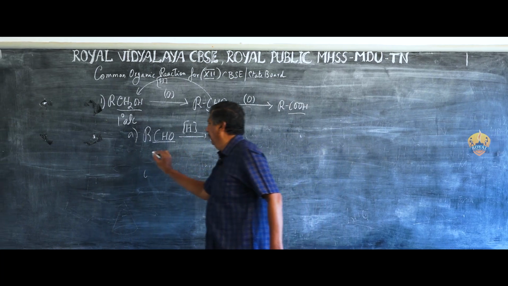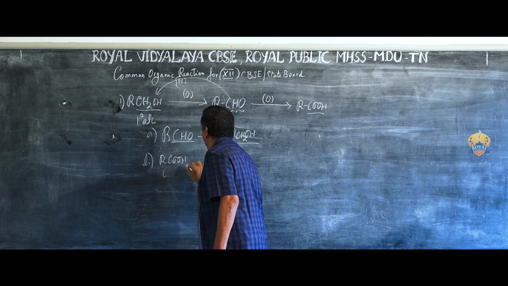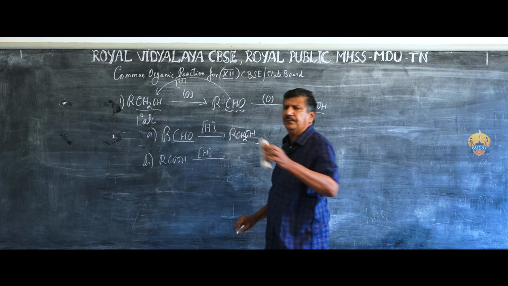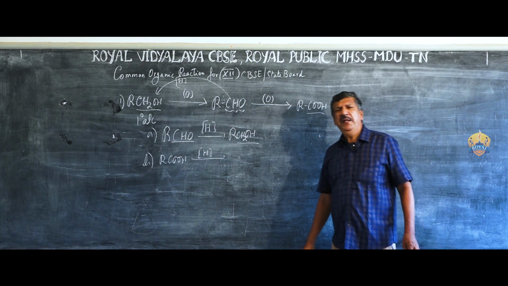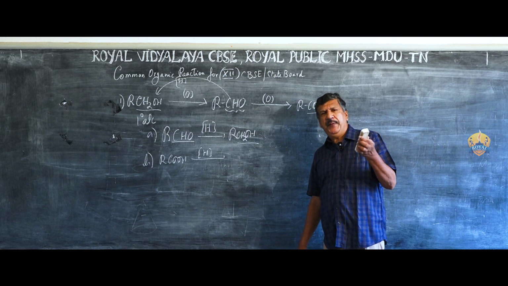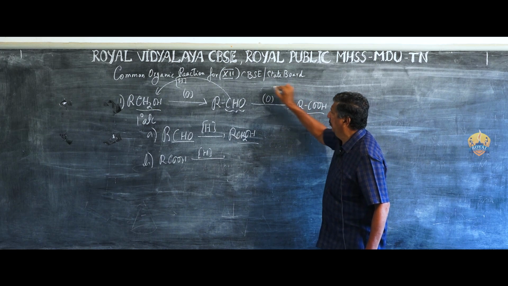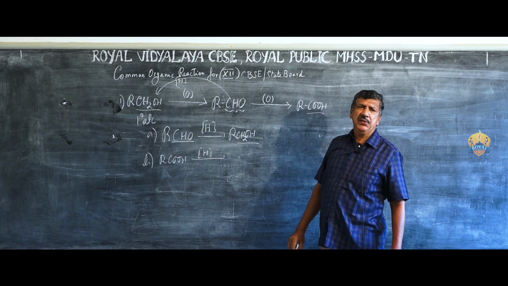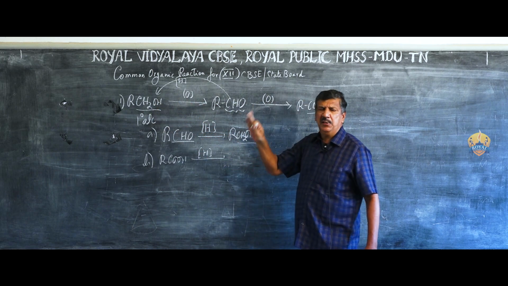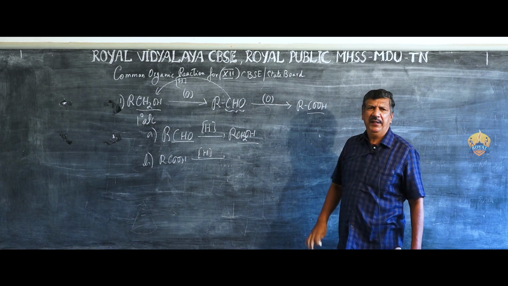What happens when you reduce acids? What happens when you reduce carboxylic acid? Many expected, not only you, even the scientists expected that the acid will be converted into an aldehyde, because when aldehyde is reduced to primary alcohol, they expected that acid will be converted into aldehyde, but it's not like that.